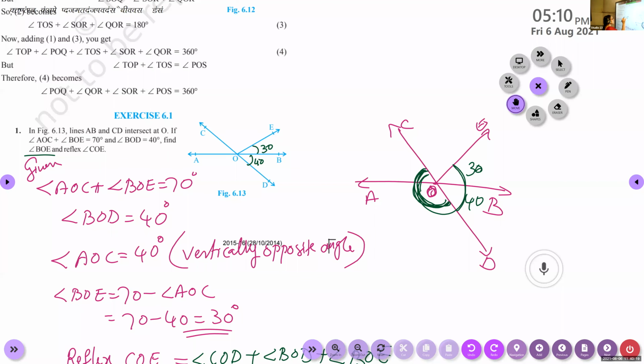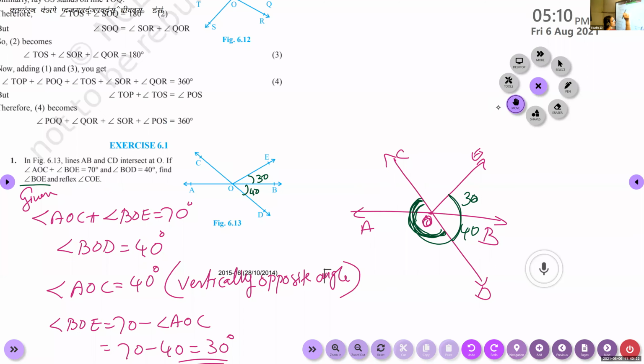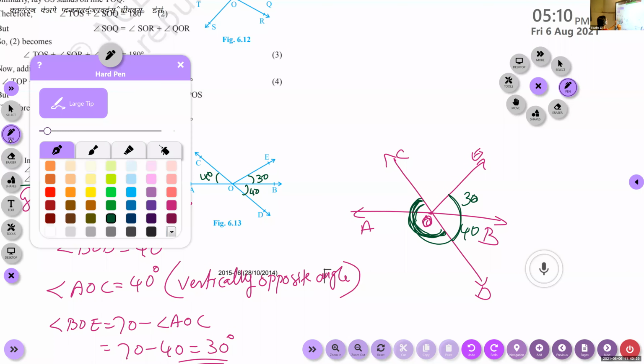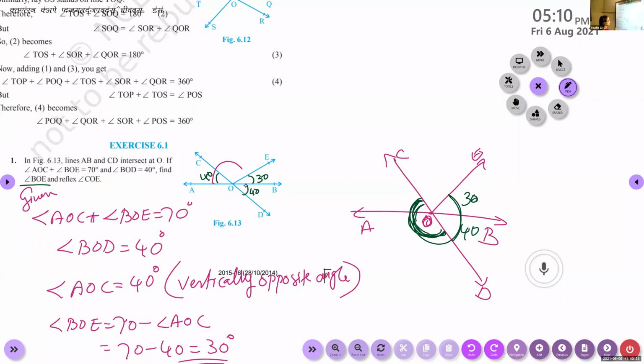And AOC also is 40 degrees because of vertically opposite angles. Now consider this AOB. AOB forms 180, isn't it? Now 180 minus 30 plus 40 is angle COE, not reflex. That is 180 minus 70, 110.